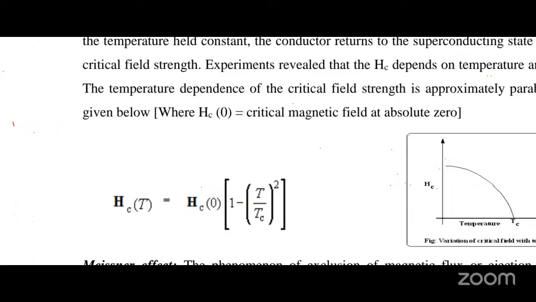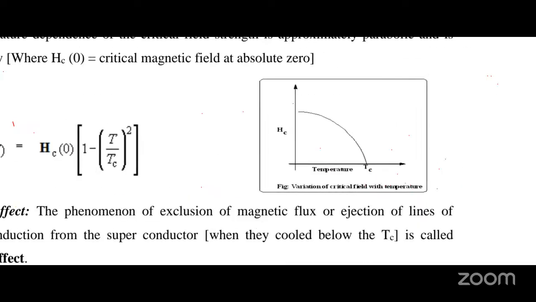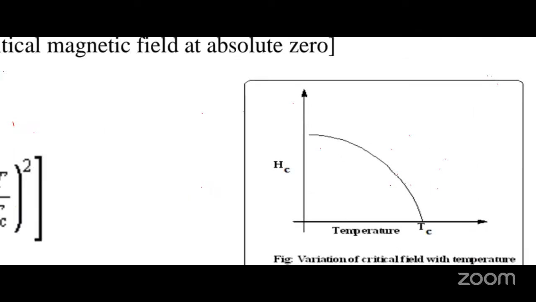In the diagram, as we have discussed for the temperature, the resistance decreases and at a certain temperature it becomes zero. Therefore, this temperature is the critical temperature where the resistance becomes zero.